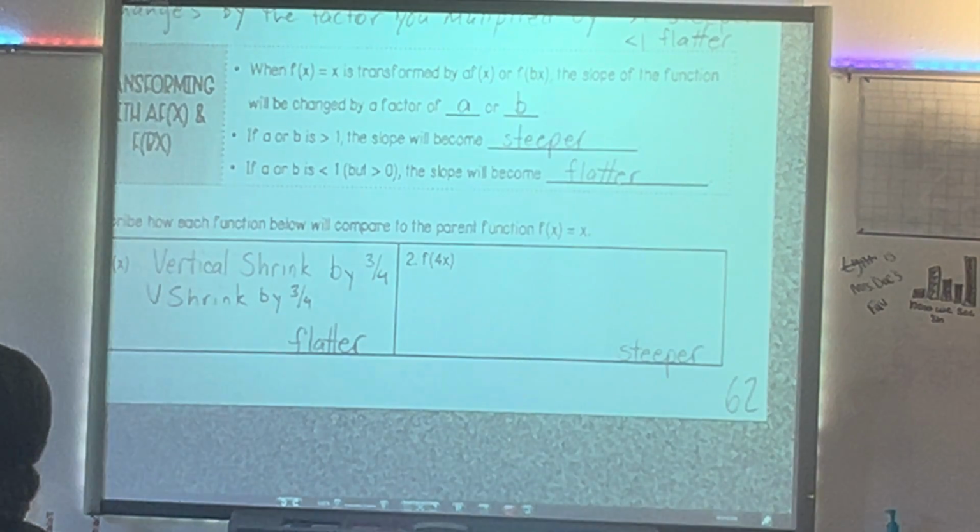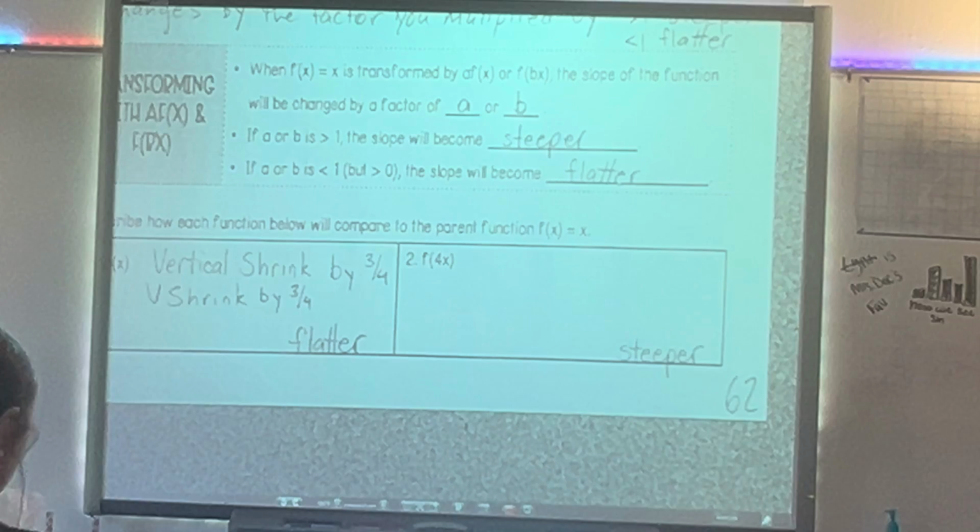But this is where it gets tricky when we're inside of a parentheses. When we had addition and subtraction in the parentheses, we went the opposite direction, right? If we had subtraction, we actually went to the right. If we had addition, we actually went to the left, yes? Okay, so that was a sign because it was addition and subtraction. When we have multiplication, when I say the opposite of 4, I need to take its reciprocal. Is everybody okay with that?